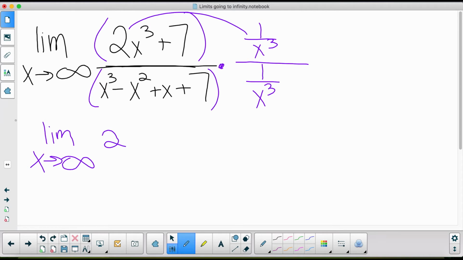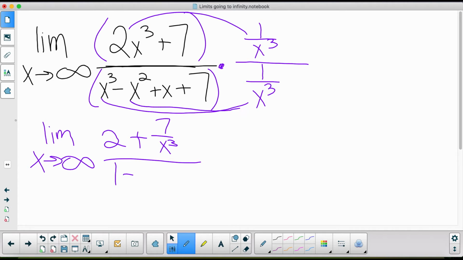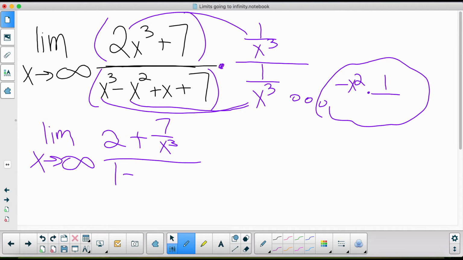We're left with a 2 plus 7 over x cubed. Your denominator, this guy here, that's going to drop as a 1 minus, now let's talk about what happens here. Negative x squared. Here's my thought bubble over here. We have negative x squared times 1 over x cubed.